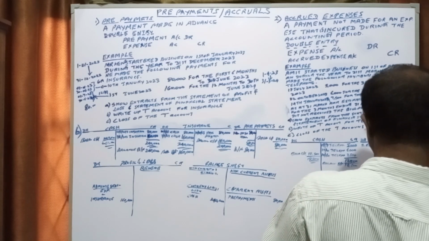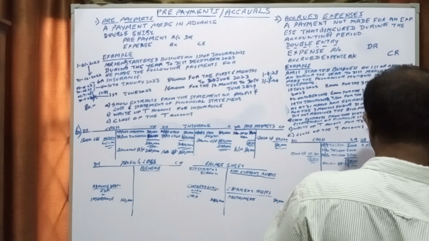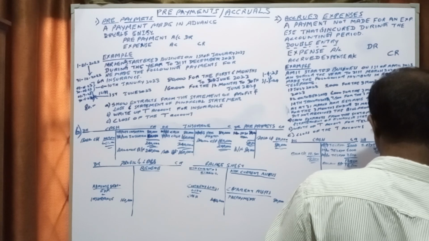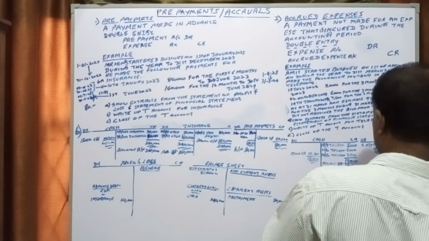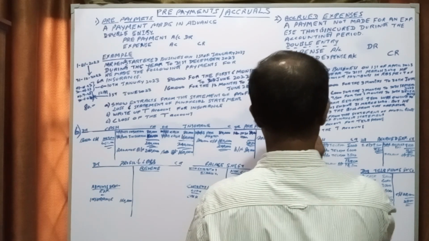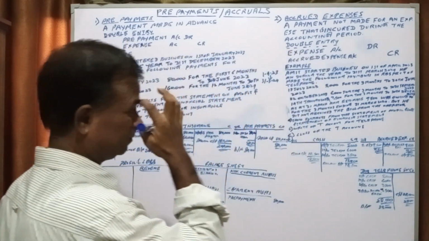Balance brought forward, 28,000. So the B part of the account is over.